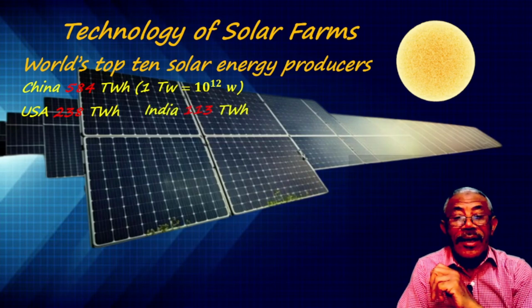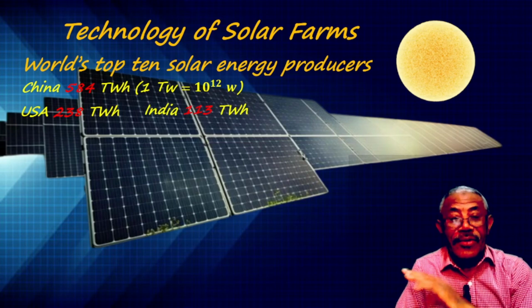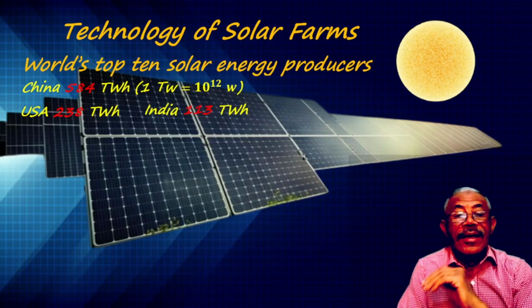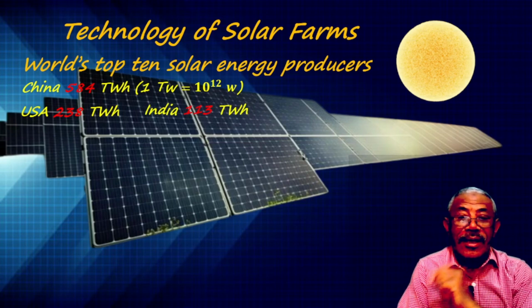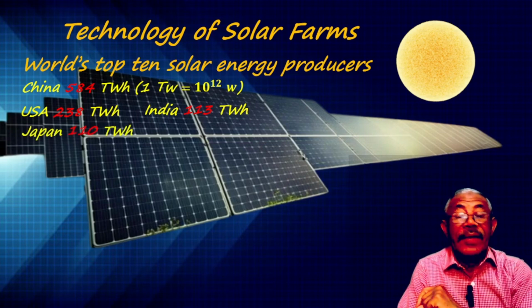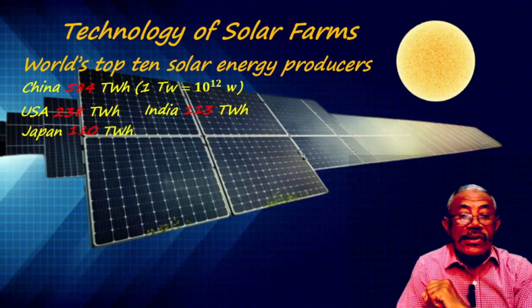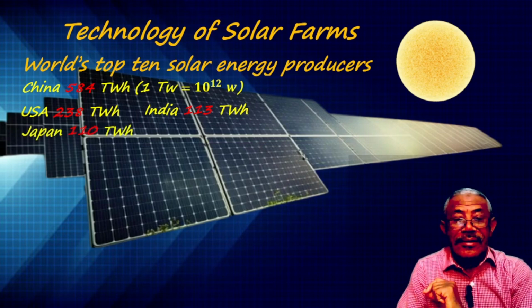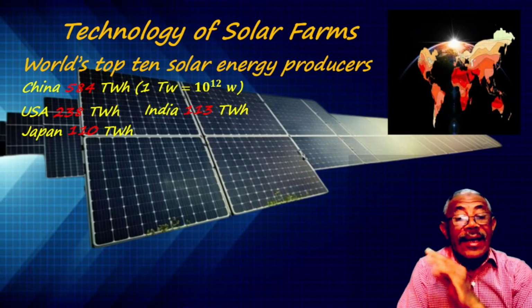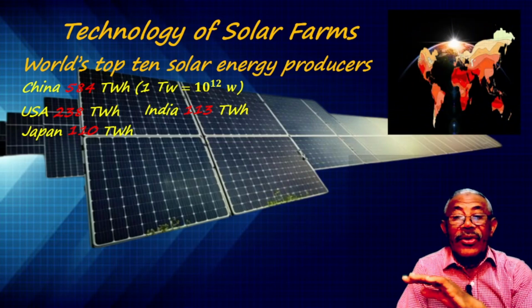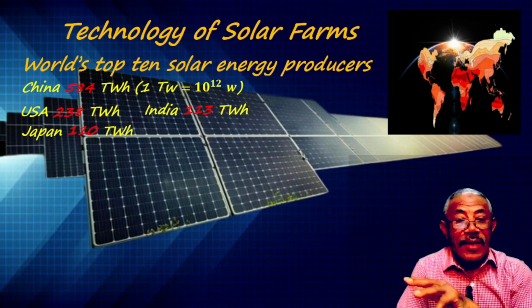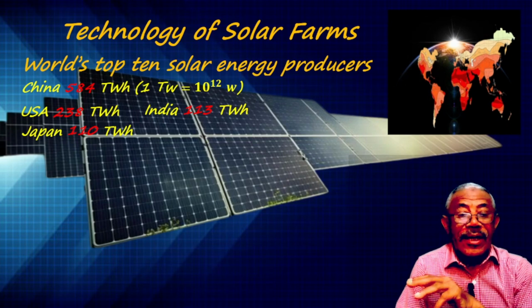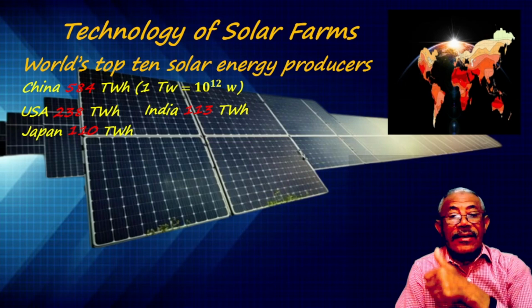India 113 terawatt, less than 1/4 of what China produces. Japan 110 terawatt. For Japan, if we look at its location on the global irradiance map, we must say, well done, Japan.